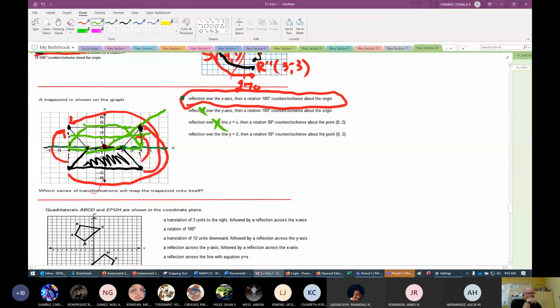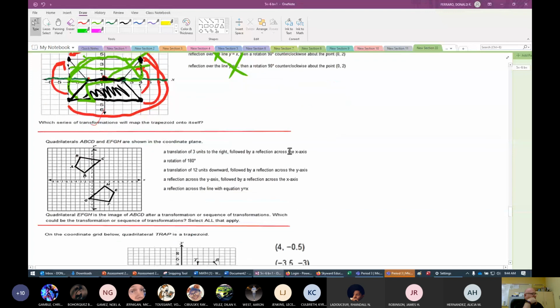And then they say a rotation of 90 degrees counterclockwise. So this would just go to over here, 1 quadrant. That doesn't work either. So the answer there is this first one, where we're doing a reflection over the x-axis and then we're doing 180 degrees about the origin. All right, so that's number 2.